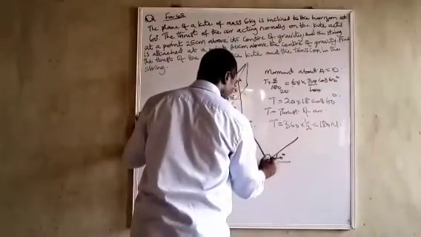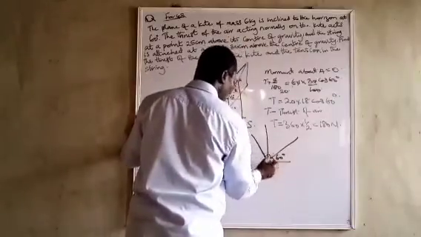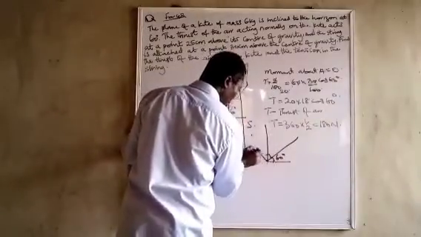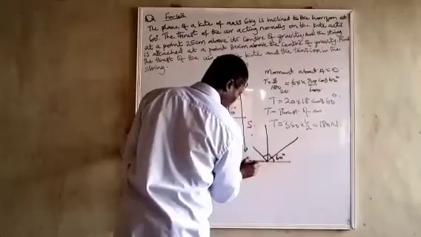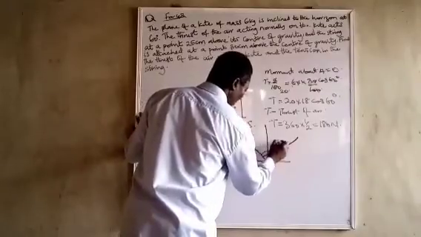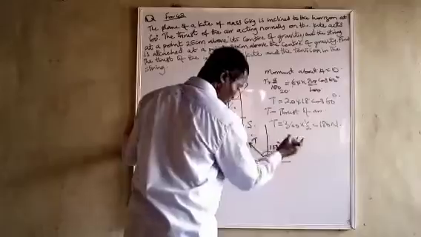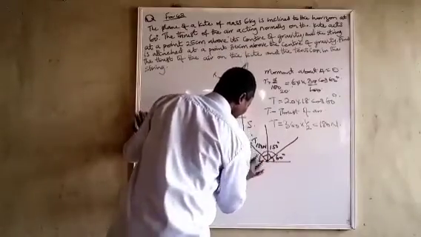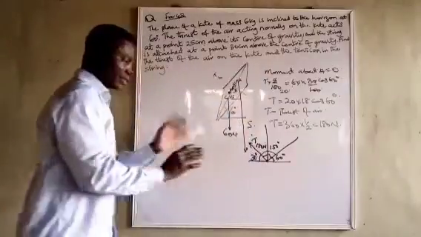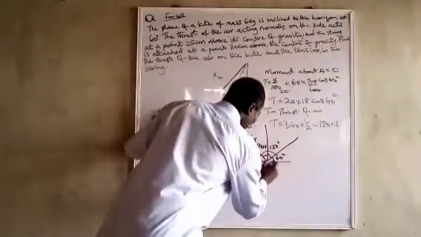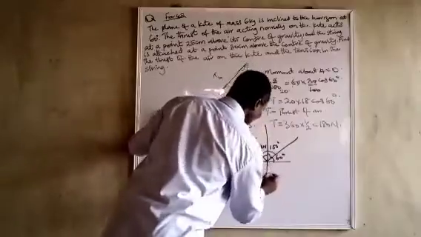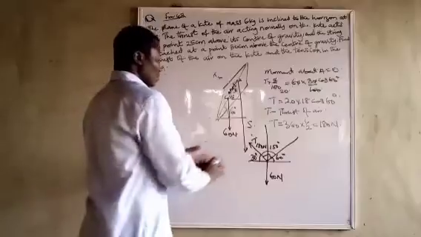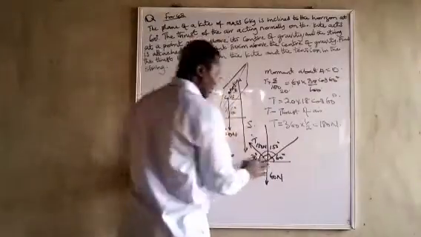Everything is 90 degrees, so from here to here, it's going to be 150 degrees. So this place to this place is 150 degrees. Therefore, T is 180 Newton and 30 degrees here. I'm trying to make it easy. And we have this one here now. This one is 60 Newton, and that one is acting straight down. Since I have been able to get the direction of T, let us now get up.